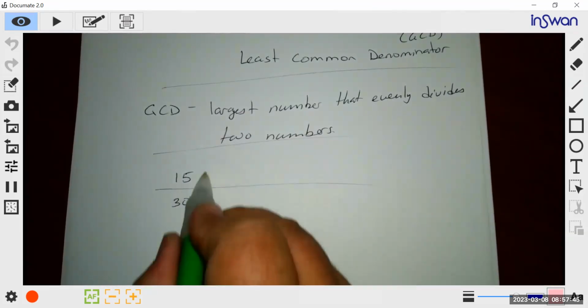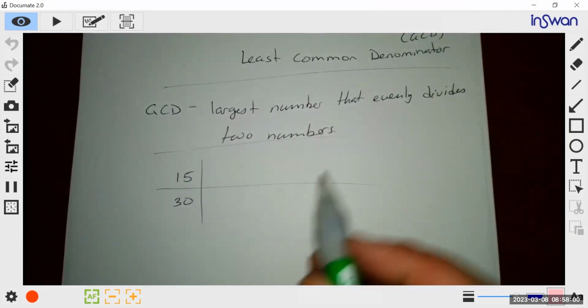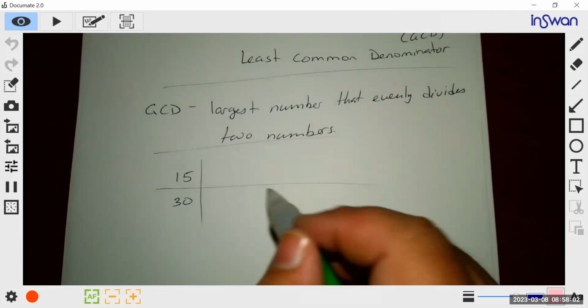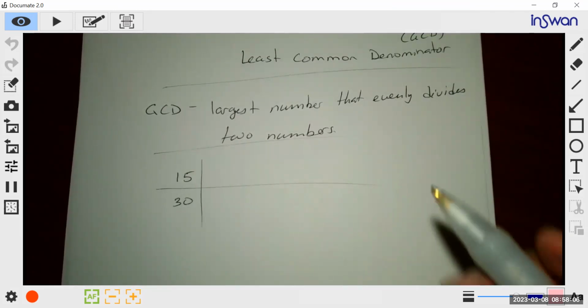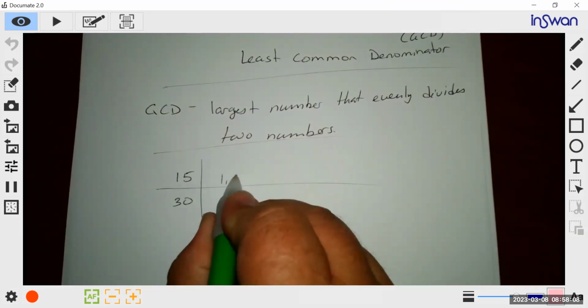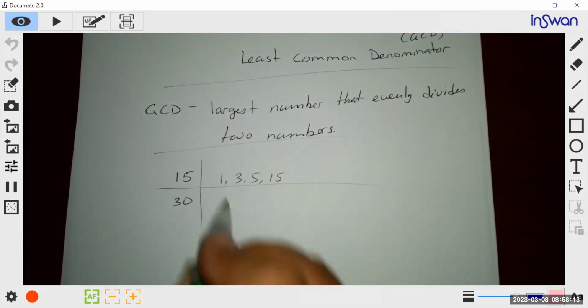Let's look at these two numbers, 15 and 30. So what are the divisors here?